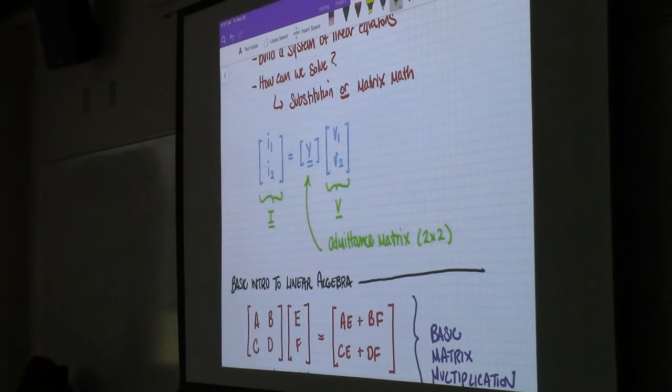Or else things don't work out. So let's say that I know this and I know this. Okay? How would we solve for V?